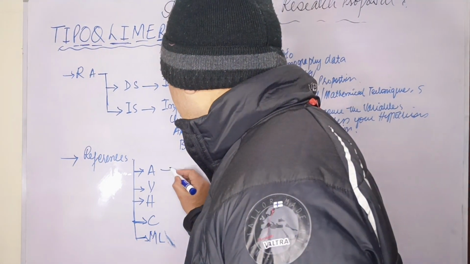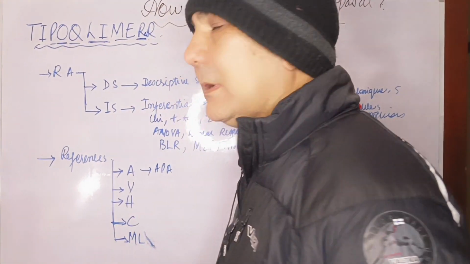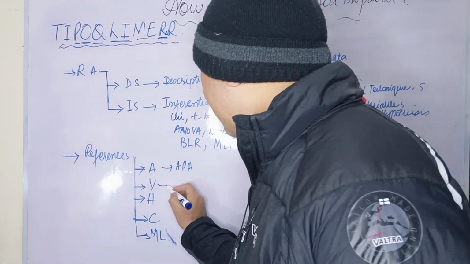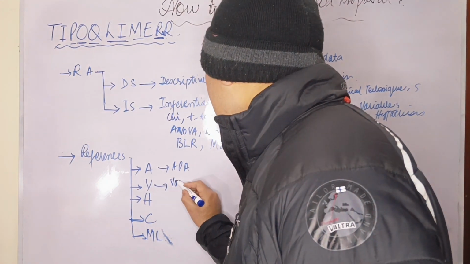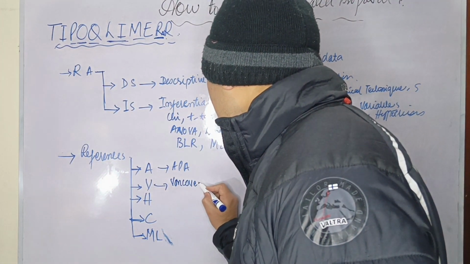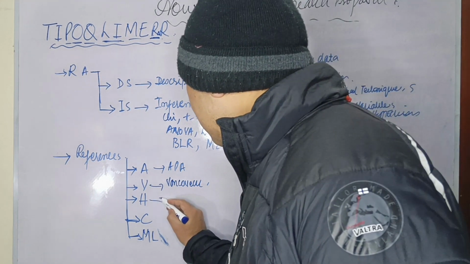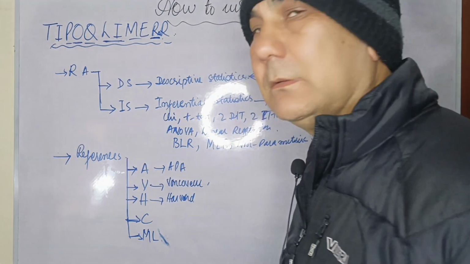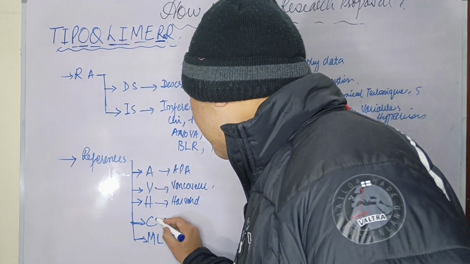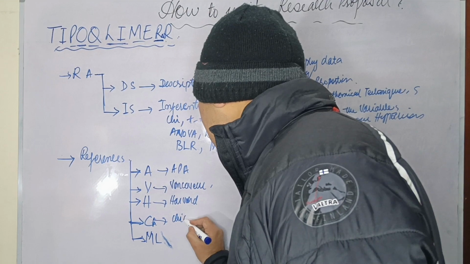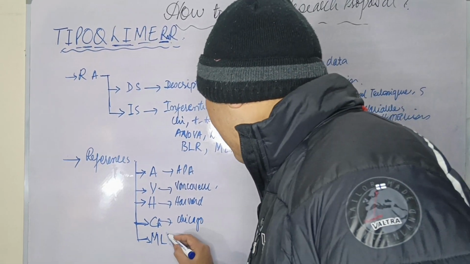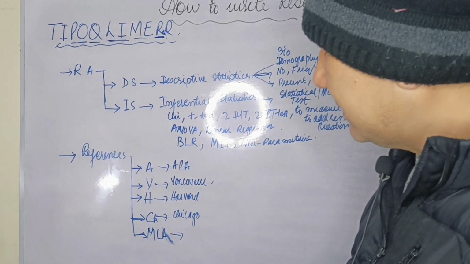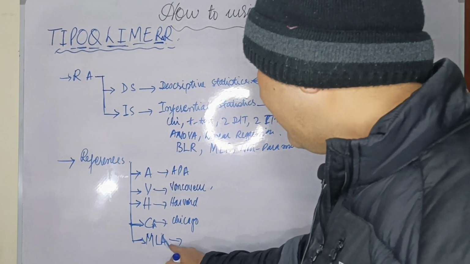Now these are some ways or styles to write down the references or the bibliography. A is for the APA style, which is very famous, from the American Psychological Association. V is for Vancouver, and H is for Harvard, again a style of writing. C is for Chicago, and MLA is the Modern Language Association.